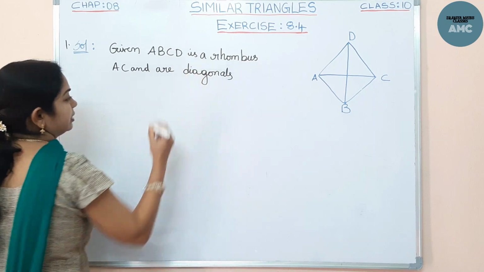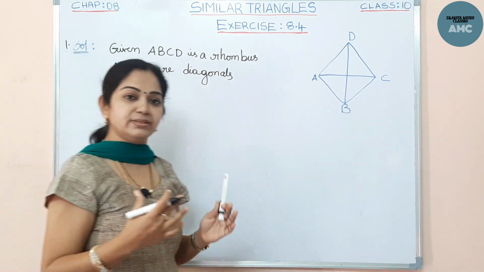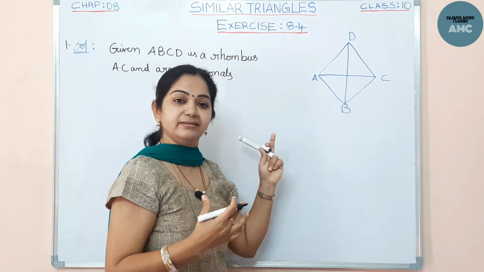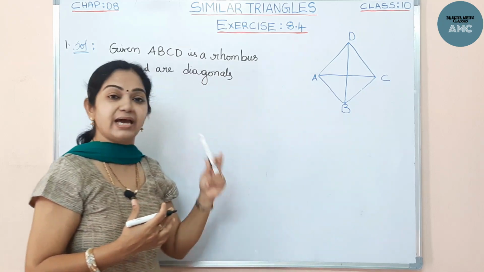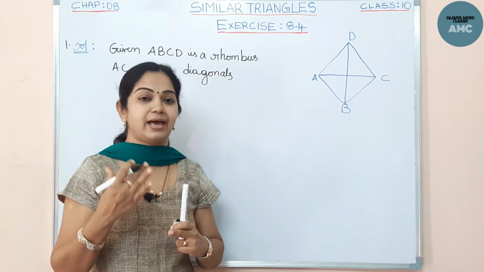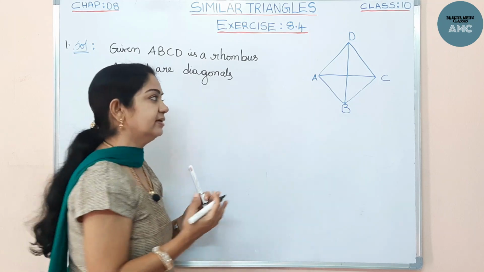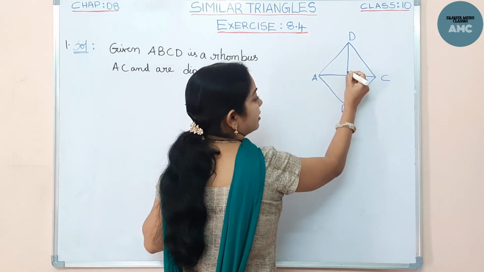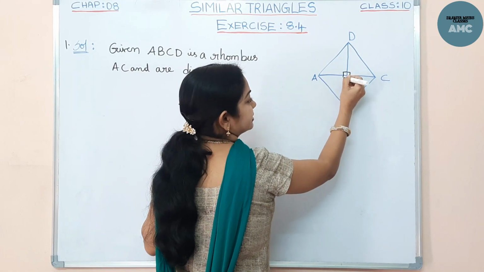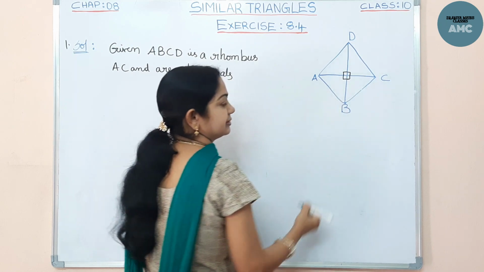Now, what is a property of a rhombus? Regarding the diagonals, we know that the diagonals bisect each other as well as they are perpendicular. That means the diagonals are the perpendicular bisectors. We can write it like this.